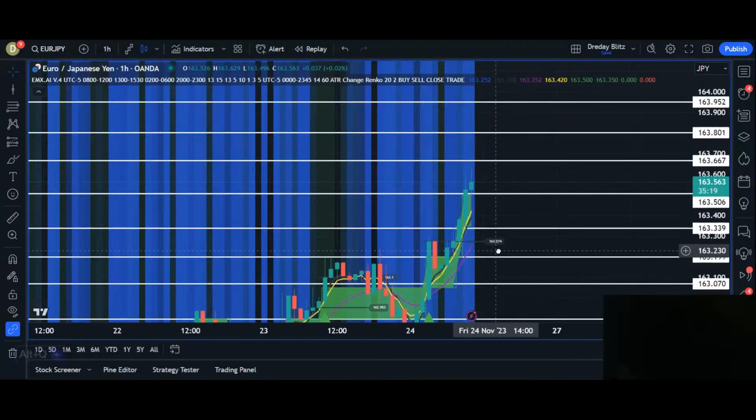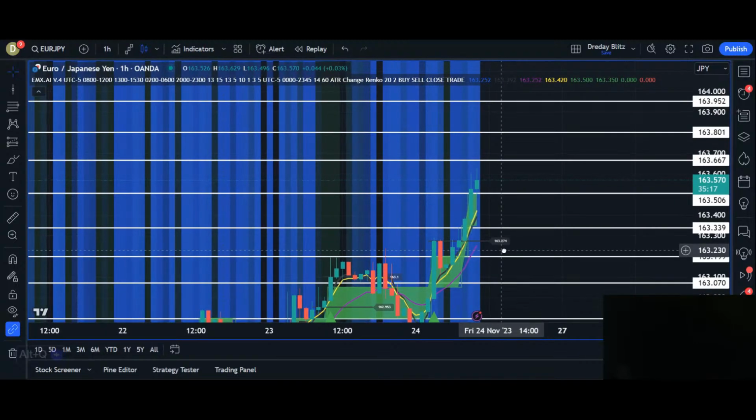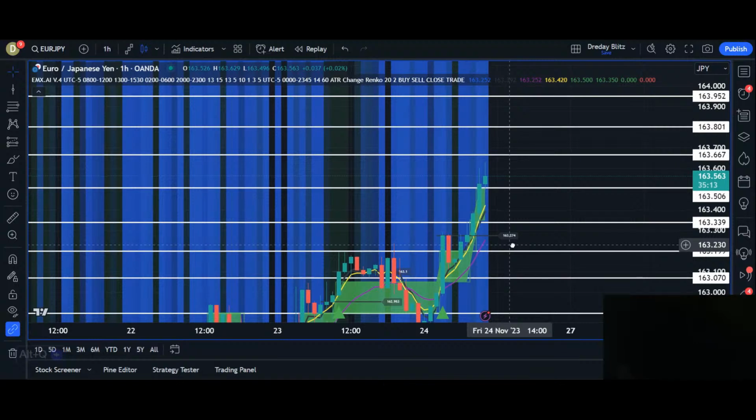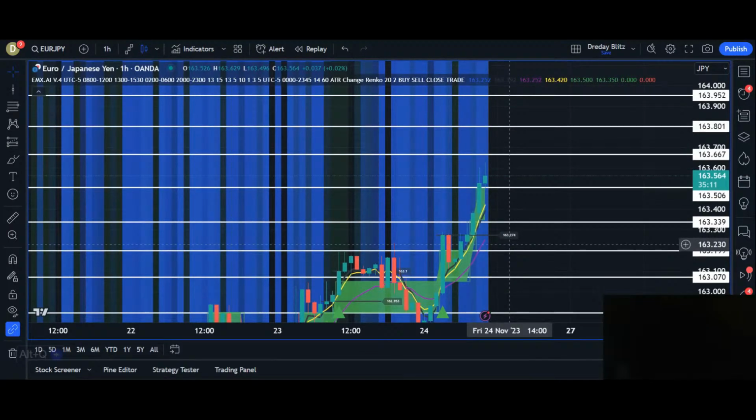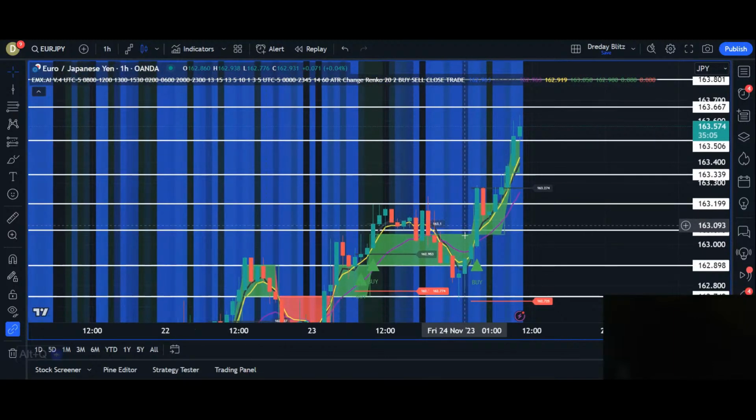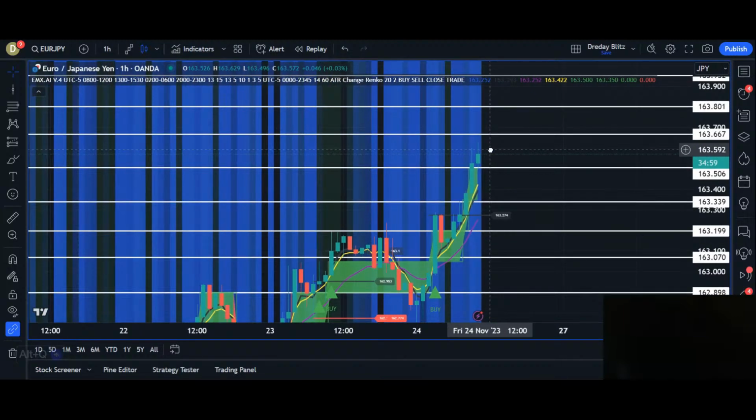Same thing with the British pound. So it did go to our second TP based off of that entry. Let me check. So that was the entry. So first TP, second TP was here. Now it's going to the third one, hopefully.